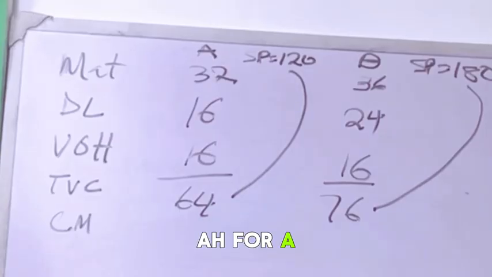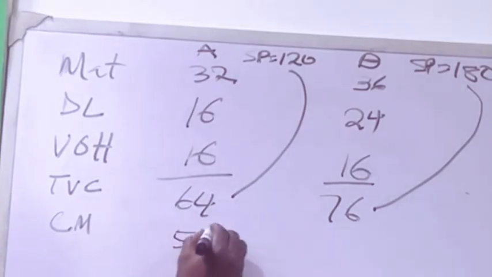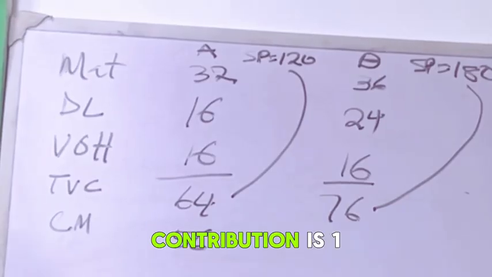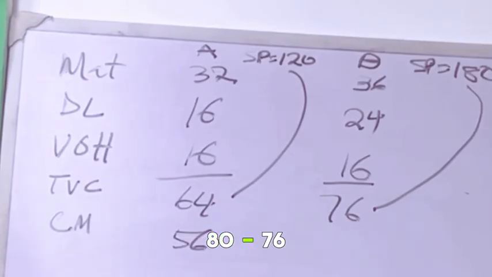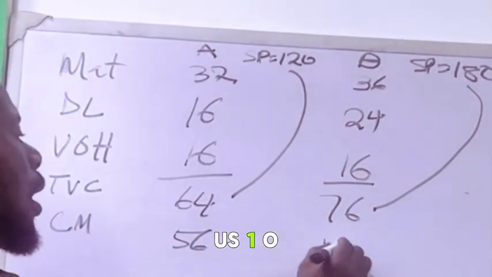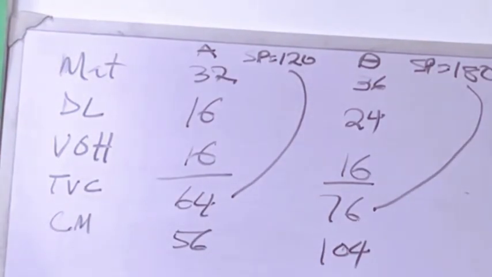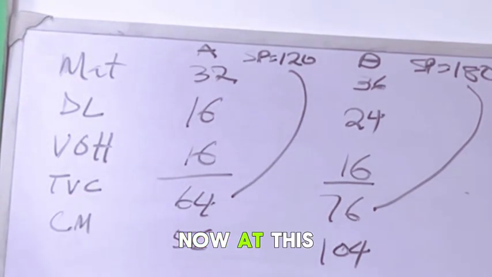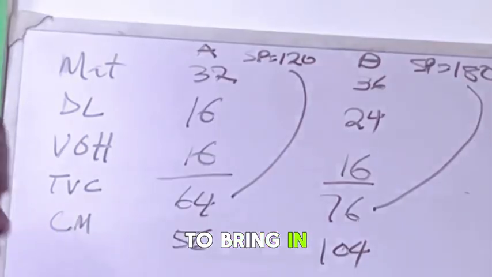Now, you say this minus this, and this minus this. So for A, we say 120 minus 64, which will give us 56. 56 is our contribution for A. For B, our contribution is 180 minus 76, which will give us 104. Good. Now, this is what we have. Okay? Now, at this point, we're going to bring in this weight.